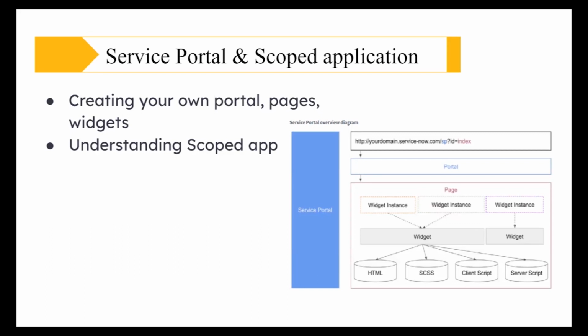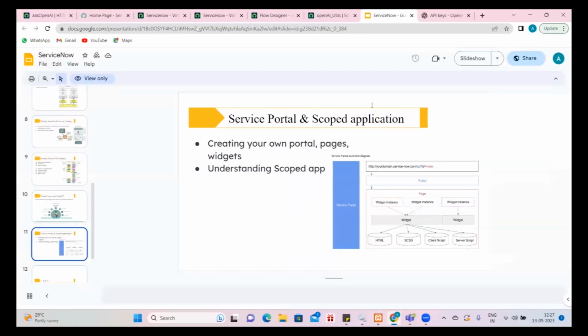End users need a portal, they need a good look and feel so that they can configure all these, creating tickets or creating record producers. All those can be placed there as a request. Portal goes by three ways: portal, pages, and widgets. All these three are needed.